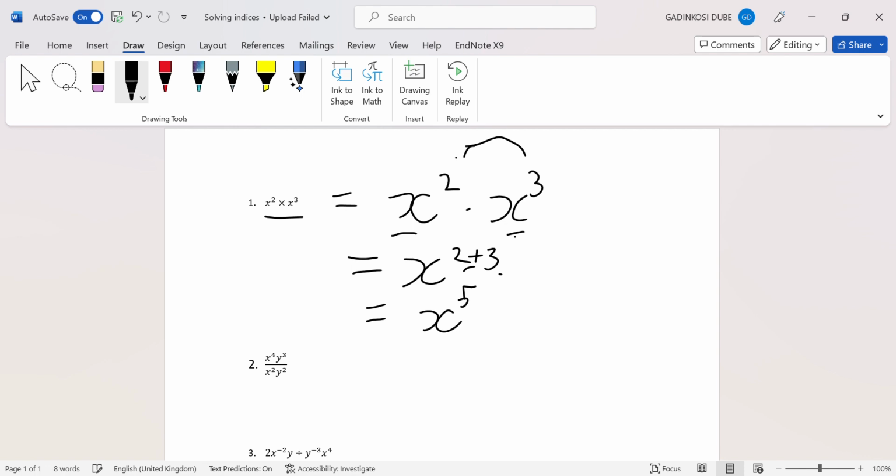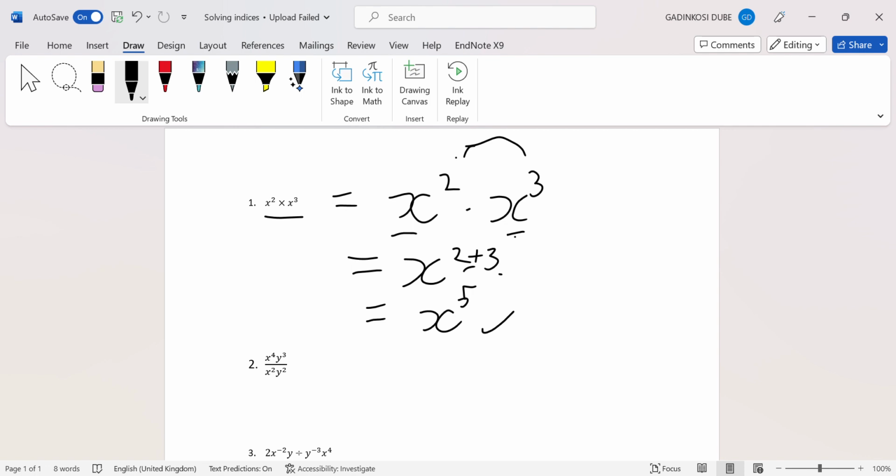That's how you simplify it, because they have the same base x and it's multiplication, so you just add the powers of both x's to get the simplification of x to the power 5.